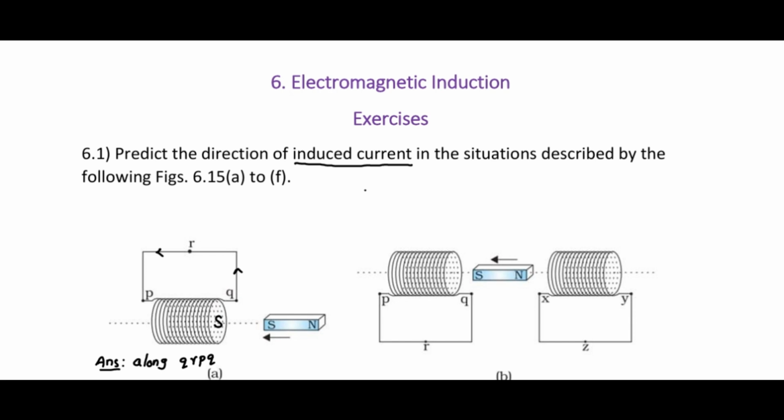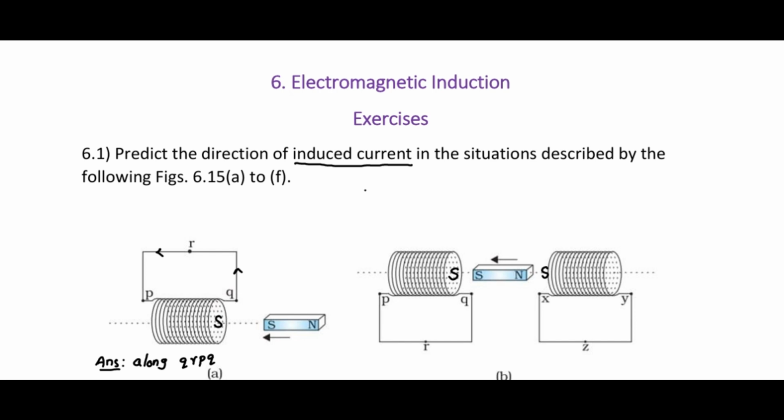Coming to B. Here there are two coils and the bar magnet is moving as shown in the figure. The south pole is approaching the first coil and the north pole is moving away from the second coil. So definitely south polarity will be formed here, and here also. As the magnet is moved, its S pole moves towards the PQ coil and its north pole moves away from the XY coil.